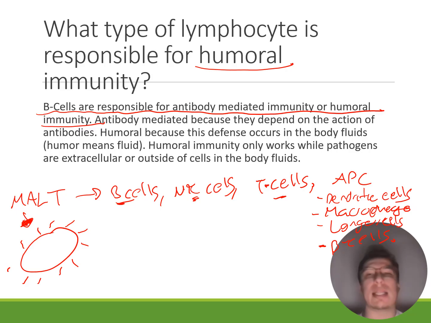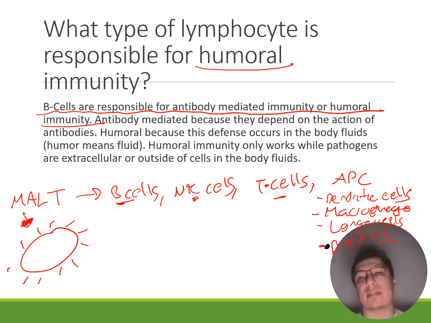So the last example, we used a macrophage as an example. This time, we're going to use a B cell as an example. So B cells, once they become activated, they will secrete different antibodies, and some of them will go on to become plasma cells, and those will secrete antibodies.